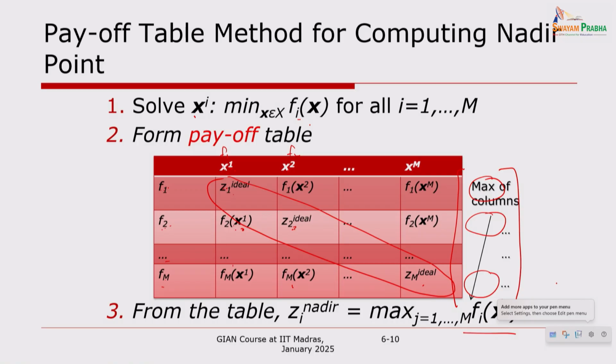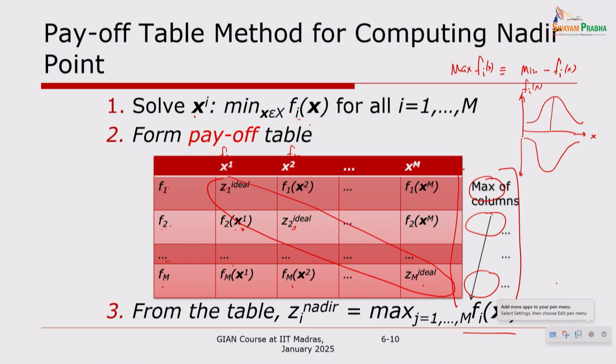Minimizing, yes, all are minimizing. All objectives here are minimization. If some objectives are maximization, you have to convert them to minimization. If you are maximizing fi(x), that is equivalent to minimizing minus fi(x). I can show you simply: if you have to maximize this function over x, and you take minus fi, it is going to be this function.